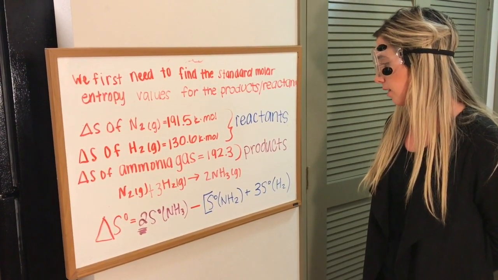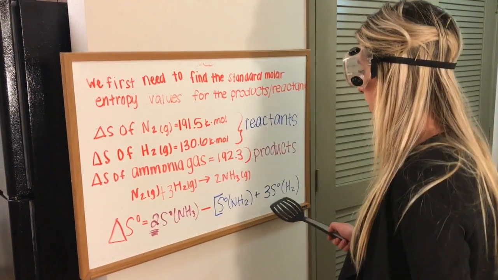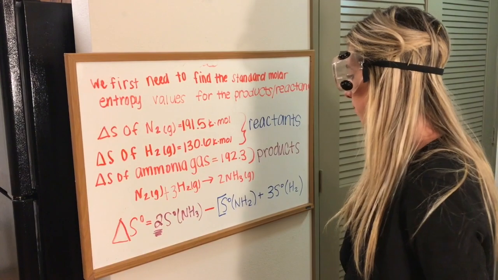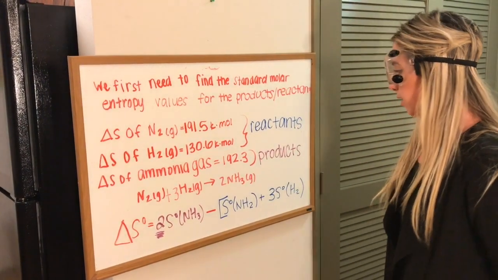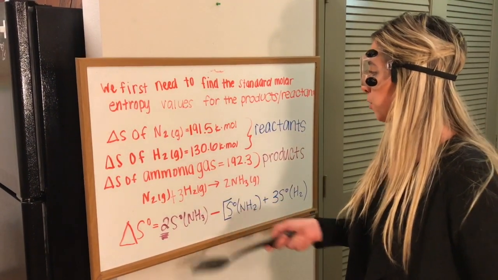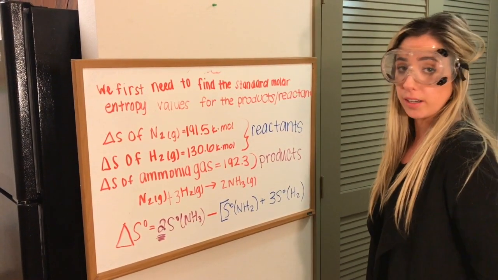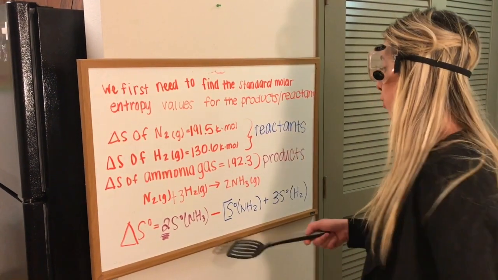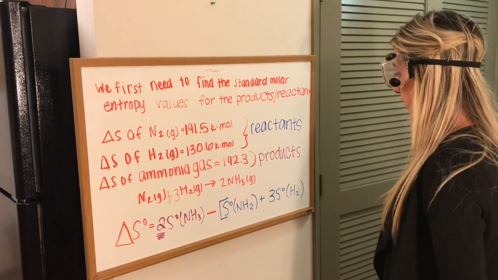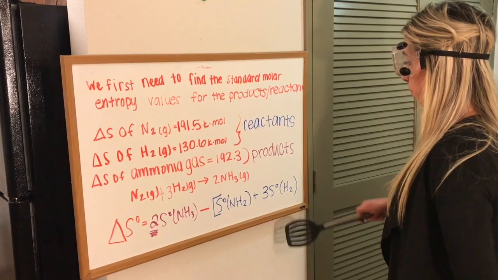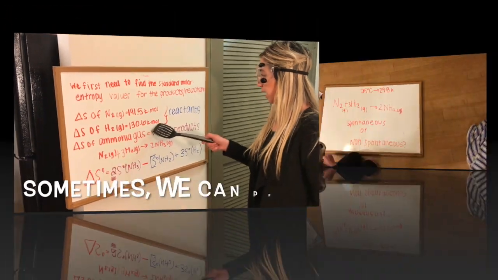So we would set it up like this. Ammonia is the product, so we would put it on the left side. There's 2 moles of ammonia, so we would do 2 times the standard molar entropy of ammonia here. Then we would subtract the value of 1 mole of nitrogen gas plus 3 moles of hydrogen gas.